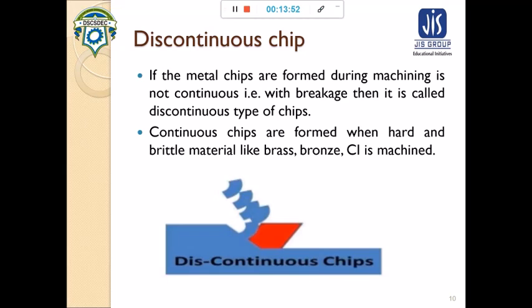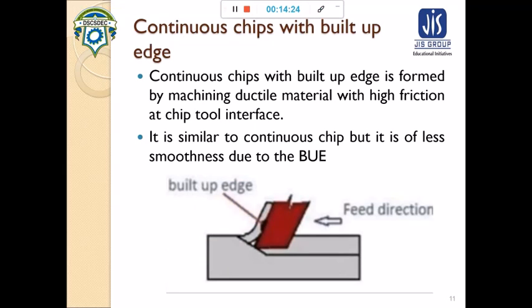Machinability does not depend upon ductility or brittleness. It depends upon various factors by which we can determine which material can be machined easily and which cannot. In the case of discontinuous chips, the machining is somewhat easy, so it has good machinability.